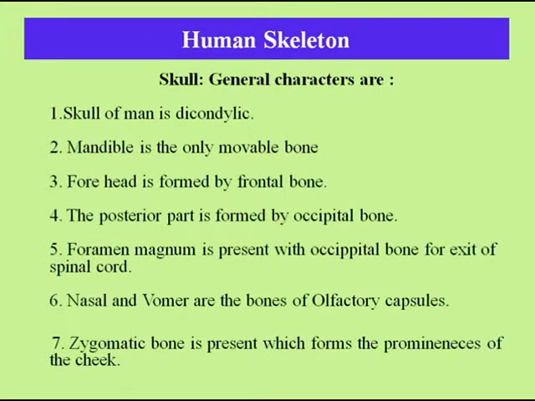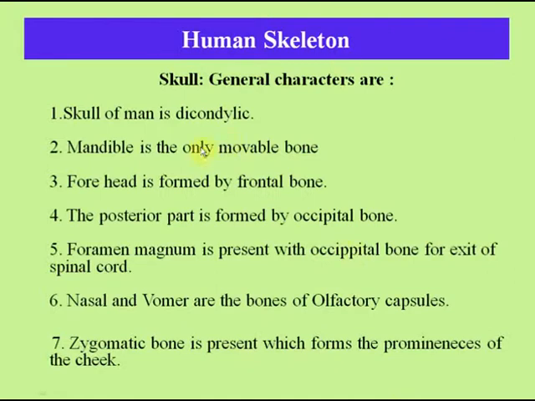Now, characteristics of the skull. The skull of man is dicondylic. What is dicondylic? Dicondylic means it bears 2 condyles, and tropibasic or interorbital septum is present between 2 orbits. See, a pair of occipital condyles located anterolateral to the foramen magnum movably articulate with the vertebra.